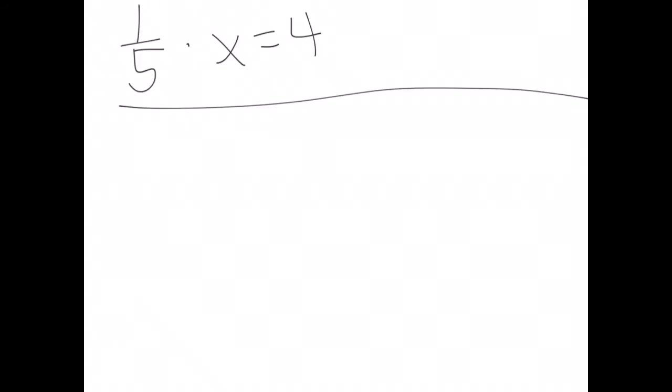Now you're going to want to do 1 over 5 times x equals 4. And you're going to want to flip 1 over 5, the reciprocal, which is 5 over 1. And 1 times 1 is 1, and 5 times 5 is 25. And when you put those together, they both equal 1.